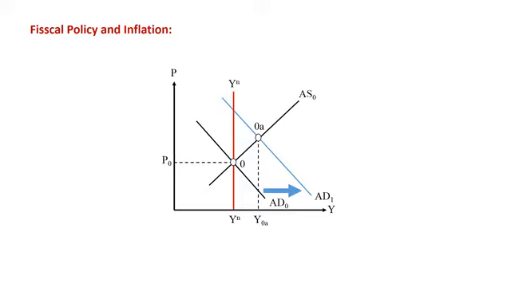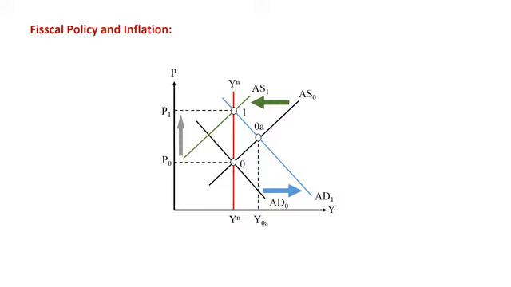In this case, the aggregate supply curve will shift to the left and become AS1. At the intersection point of the AS1 and AD1 curves, point 1, output will return to the natural level and prices will increase to the P1 level.